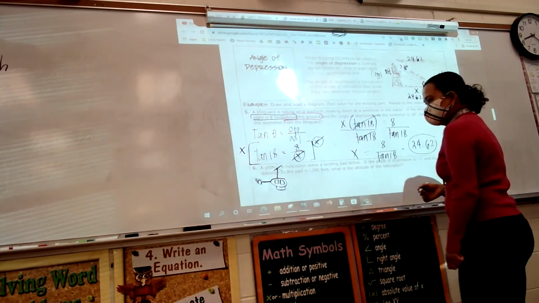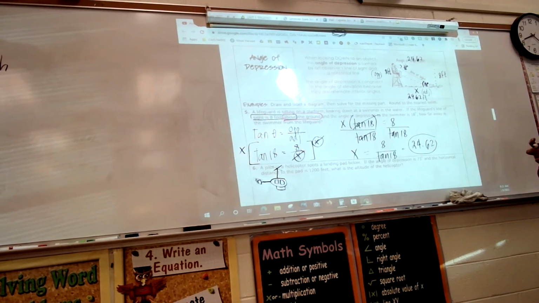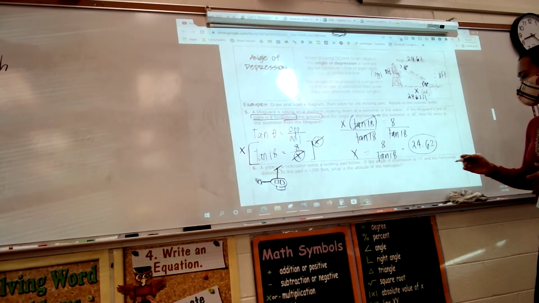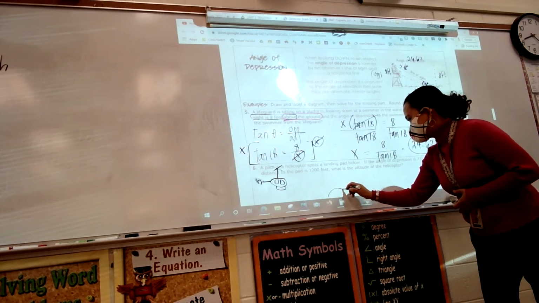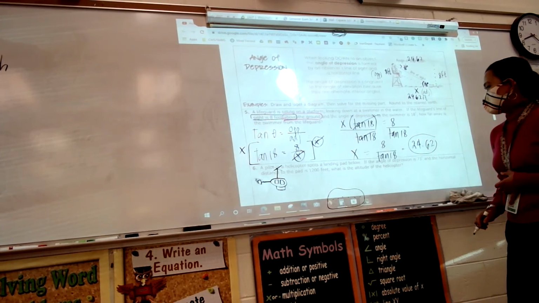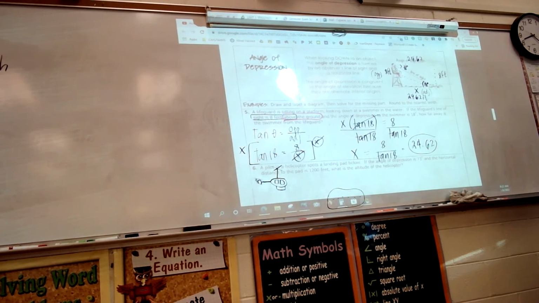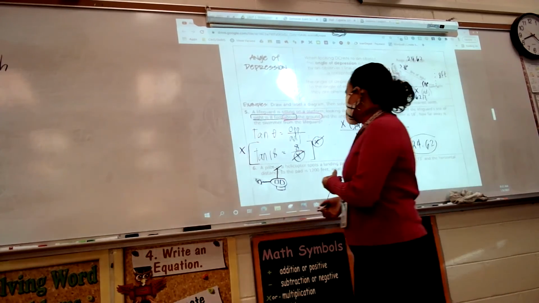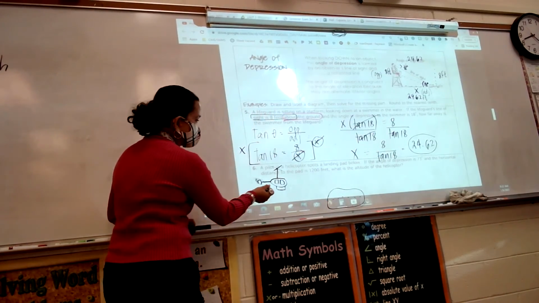Okay. A pilot in a helicopter spots a landing pad below. A landing pad, let's see this way. If the angle of depression is 73 and the horizontal distance to the pad is 1,200 feet.